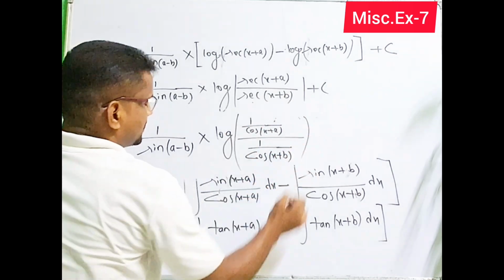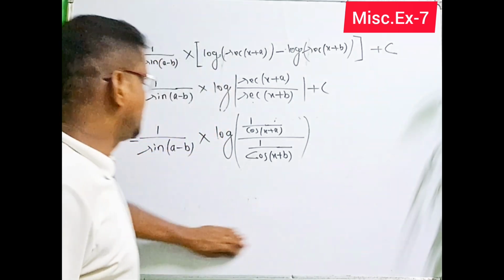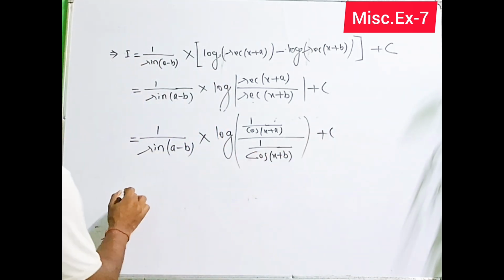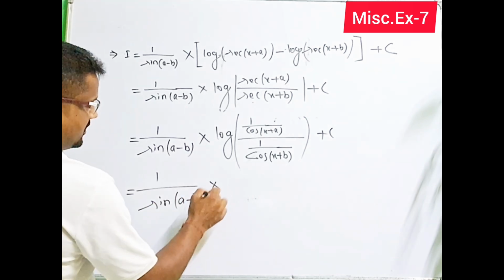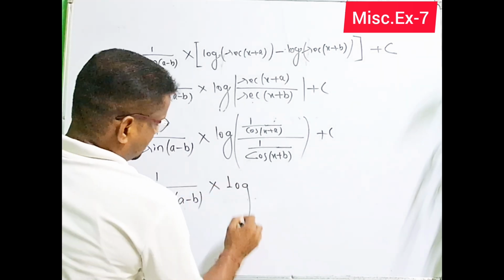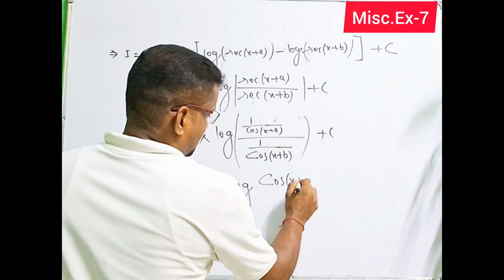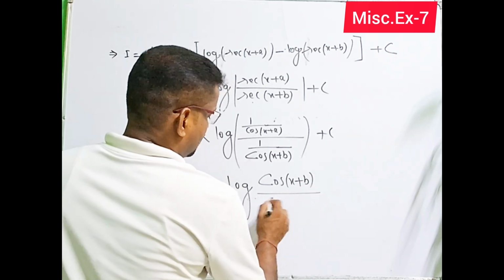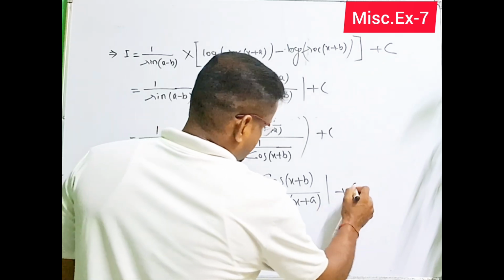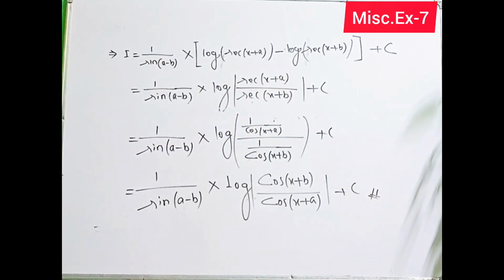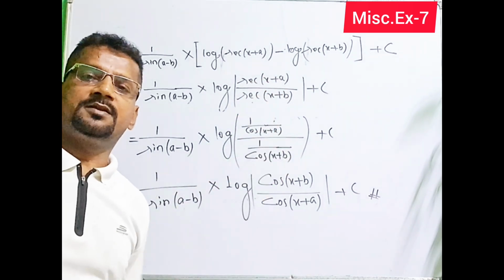So finally, if you simplify, plus c, 1 by sine a minus b into log of, it will be reversed. Here you will get cos of x plus b divided by cos of x plus a, plus c. So in your textbook, the answer is given in this form, and this is also correct. From here only we have obtained this. Thank you.